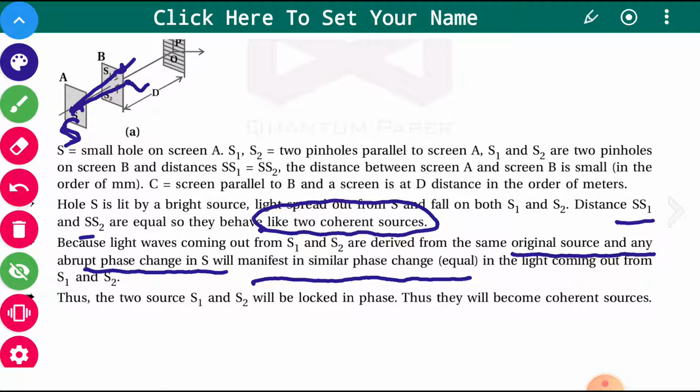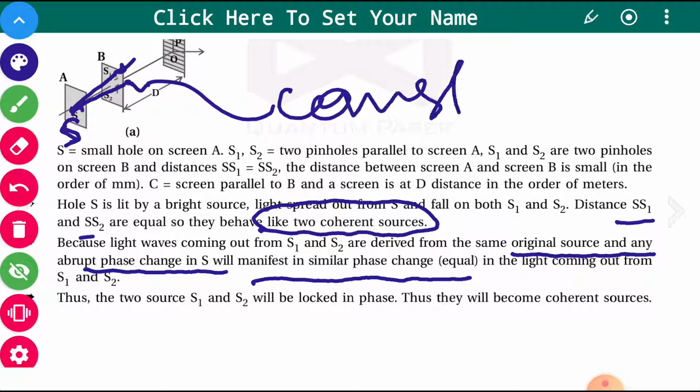So the phase difference will remain constant, because whatever phase change happens at S will be the same in both waves emerging from S1 and S2. So these sources S1 and S2 behave as coherent sources.